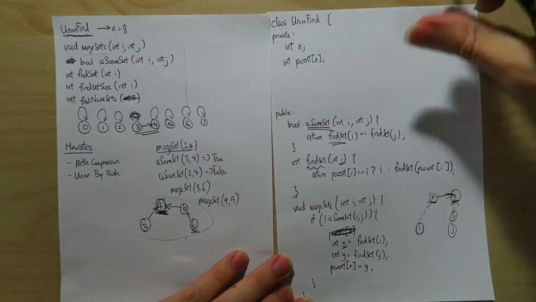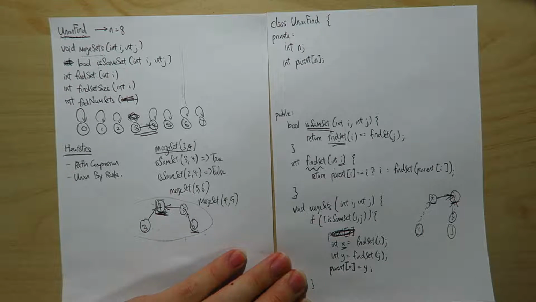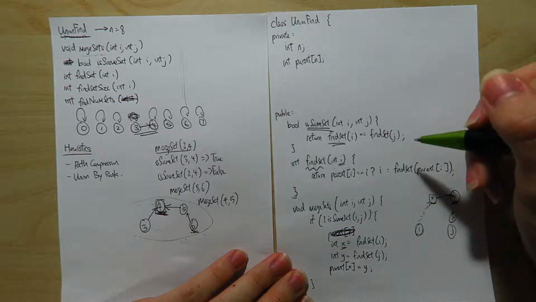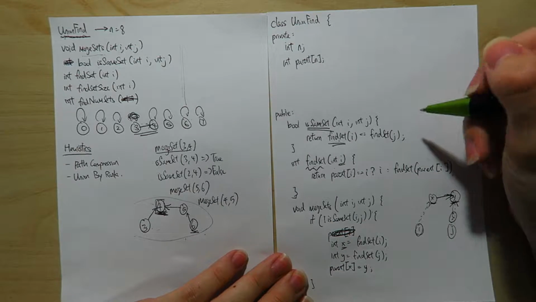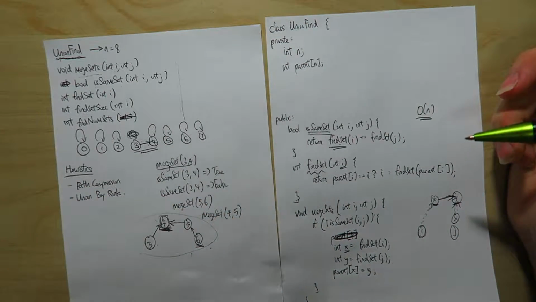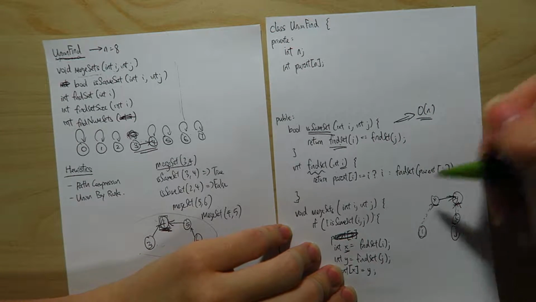So the question now is how efficient is this implementation, right? What we realize here is that this implementation is actually going to run in O(n) for the same set operation as well as the merge set operation.